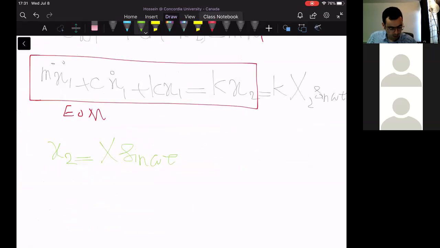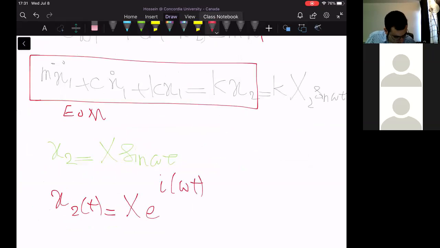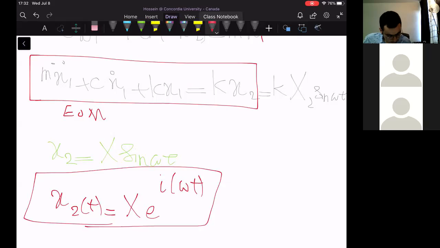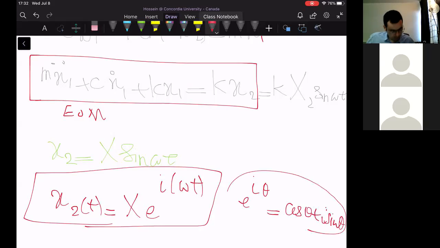You could say x2 in the general case is x e to the i omega t, because e to the i theta is equal to cosine theta plus i sine theta. So it's more general and easier.